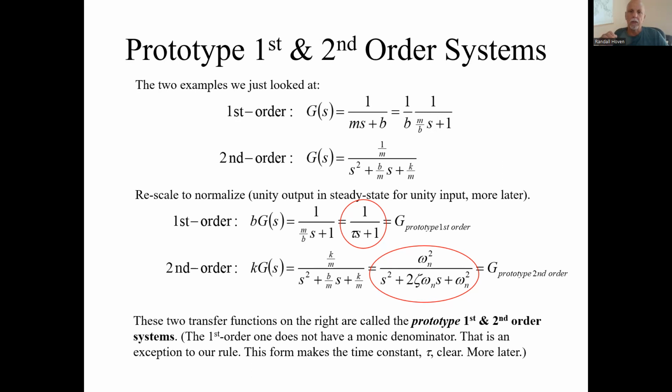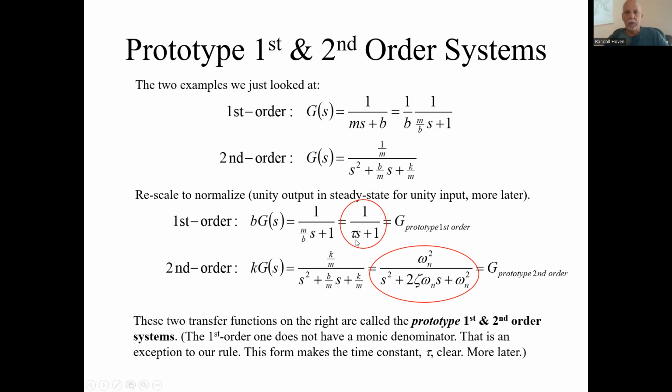Secondly, many more complicated systems, transfer functions, can be approximated by one of these, the first or second order prototype. A third reason is you'll get an intuitive feel for standard outputs when we see graphs, et cetera.